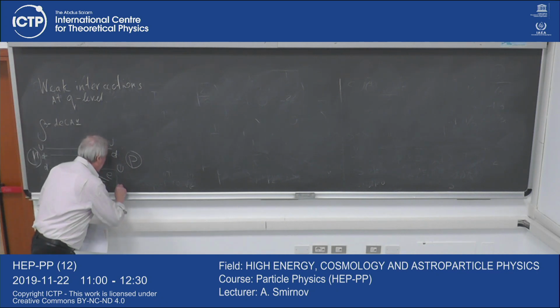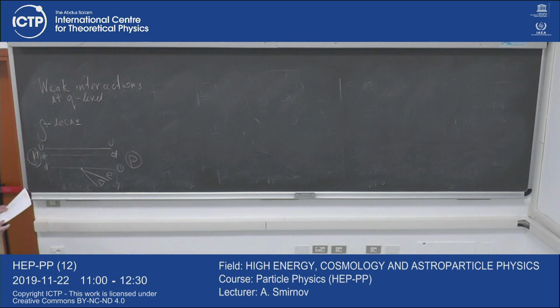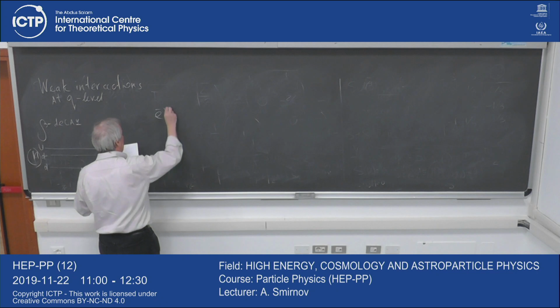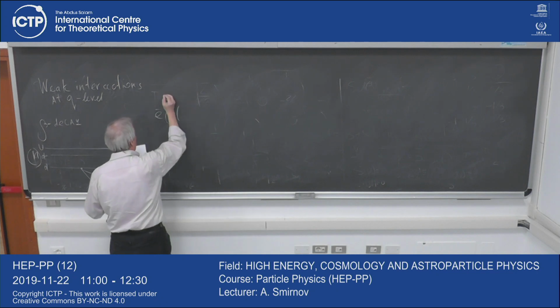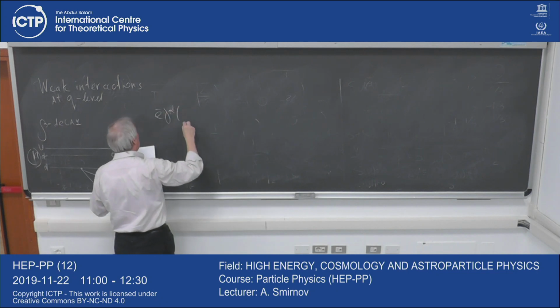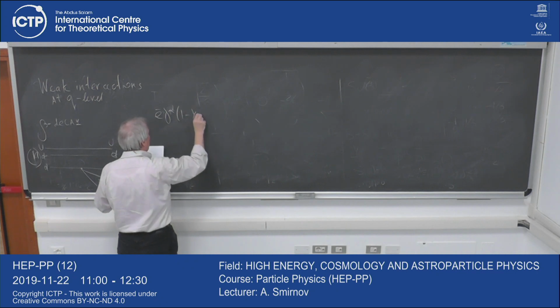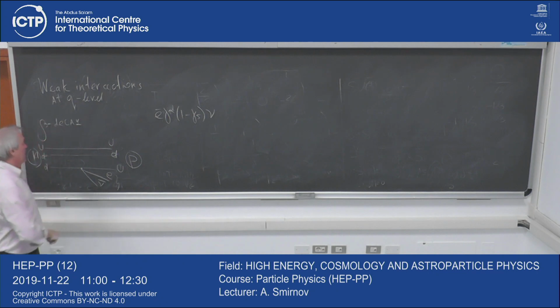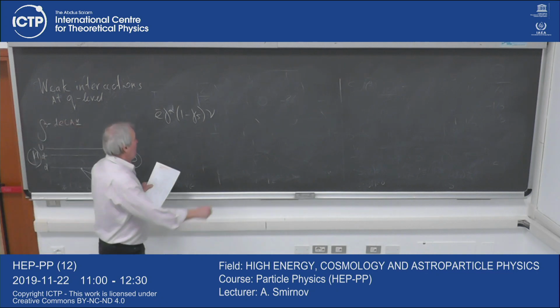So we know that this is described by a leptonic current, which is gamma alpha (1 minus gamma 5) neutrino. So this is what is described. And now we will write what would correspond to this transition of quarks.